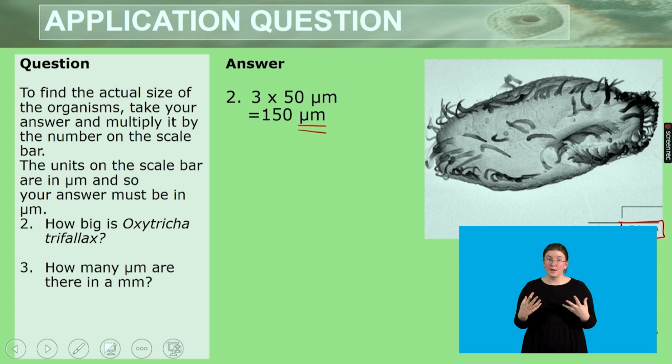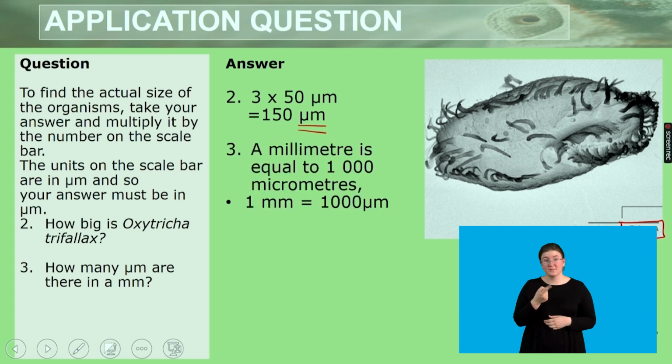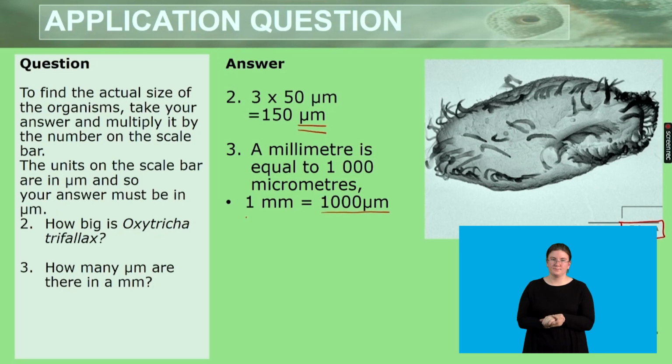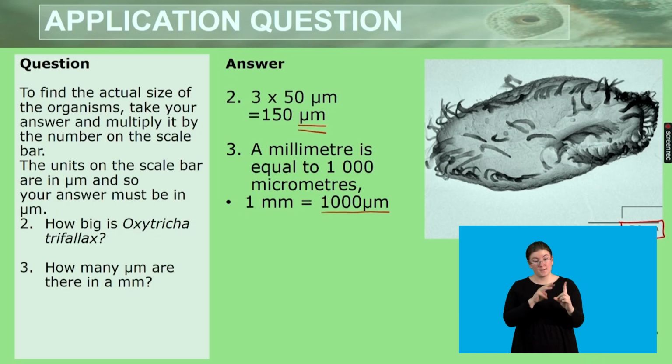How many micrometers are there in a millimeter? From the lesson, you should know that each small section on the ruler is equal to 1,000 micrometers. So one small segment on the ruler, which is the 1 millimeter, is equal to 1,000 micrometers.